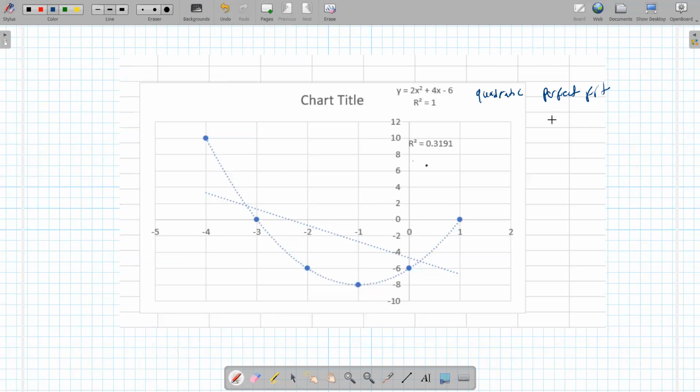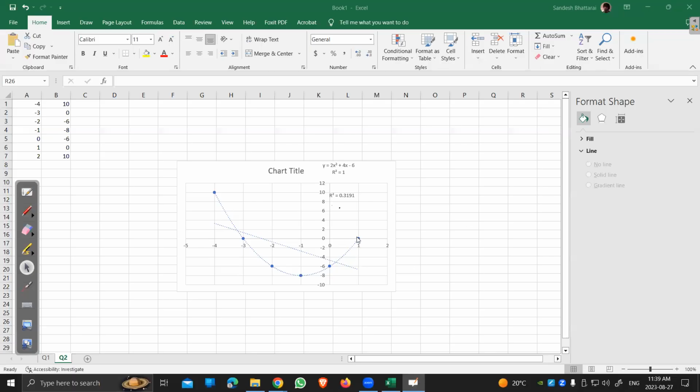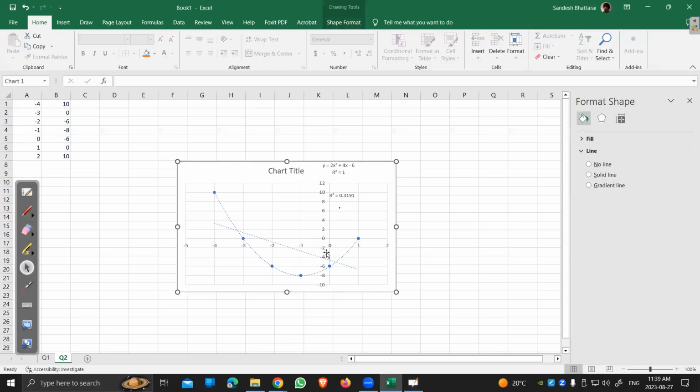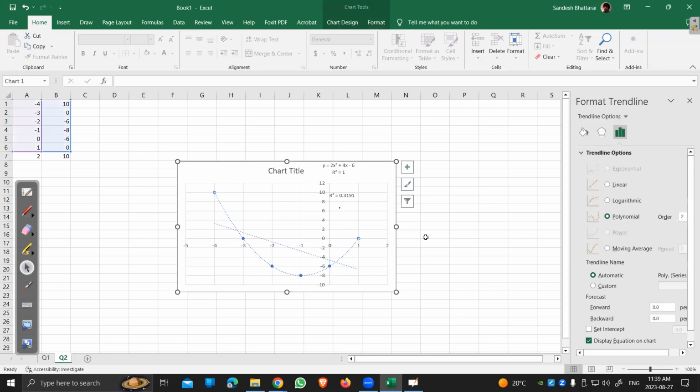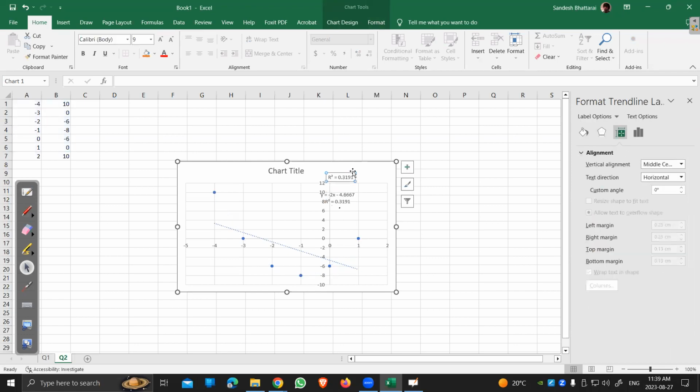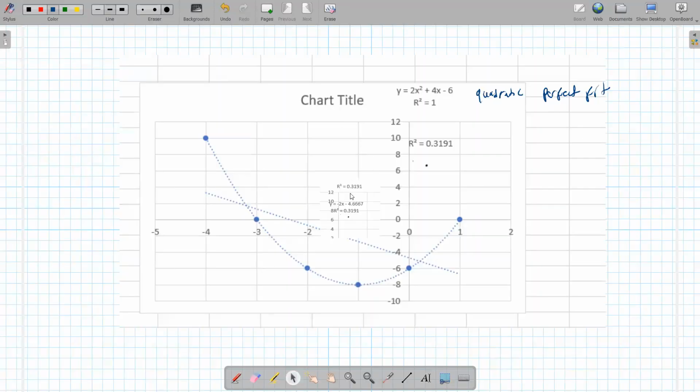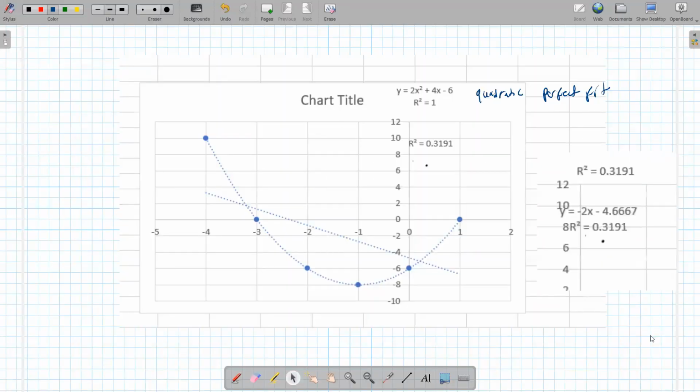Now, for the same data points, if you were to use a linear model, okay, let's go linear. Now look at that. What happens with a linear model? The R squared drops to almost 0.3, 0.3191. That's using a linear model.